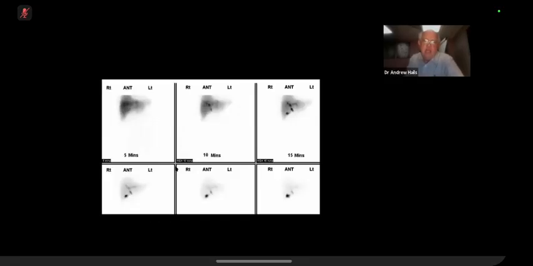That's right, and these are the later images, which just show it's gone through to the small bowel. So that's a normal HIDA scan.